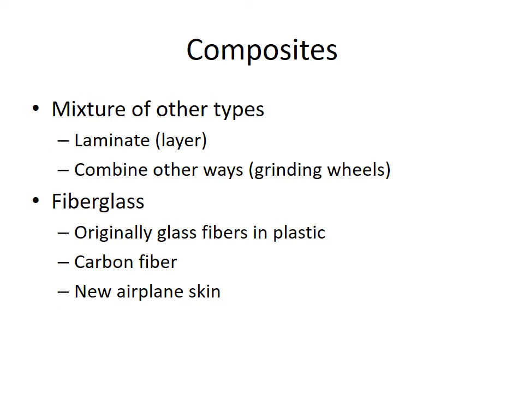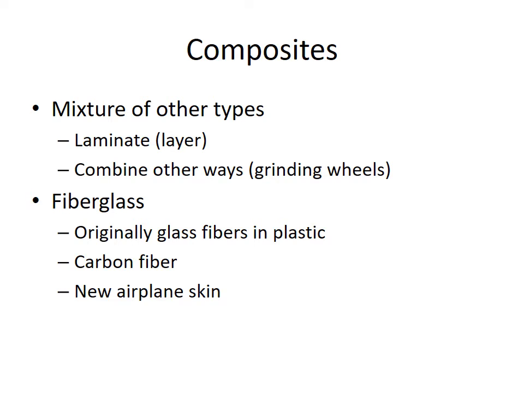The composites, they're mixtures of other types. Generally, you're laminating materials or combining them in some other ways. You can think of a grinding wheel as a composite. You're putting a lot of stuff together and kind of gluing it together, and you can't separate just the grinding media from the media that holds it together.